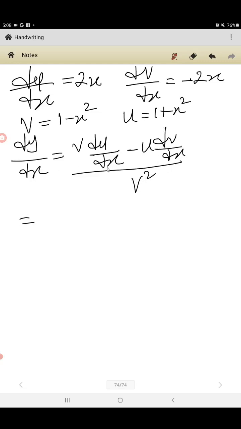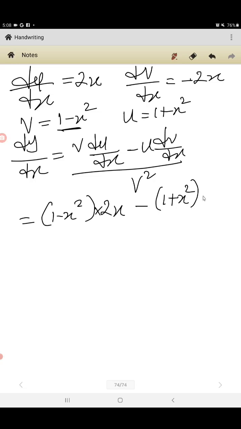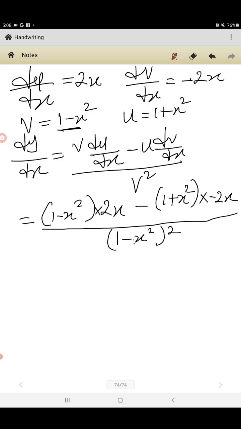Let's substitute it right now. Our v is 1 minus s squared, times du dx which is 2x, minus, what is the u? 1 plus s squared times dv dx, which is minus 2x, divided by our v, 1 minus s squared, all squared.